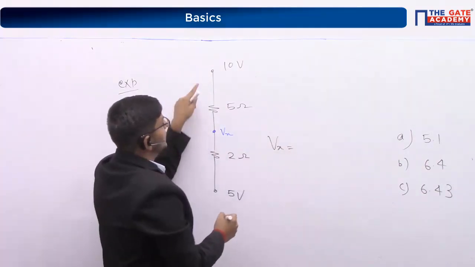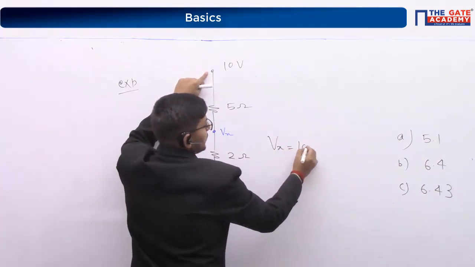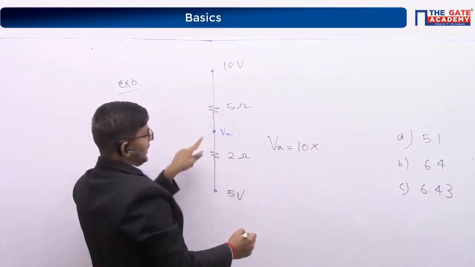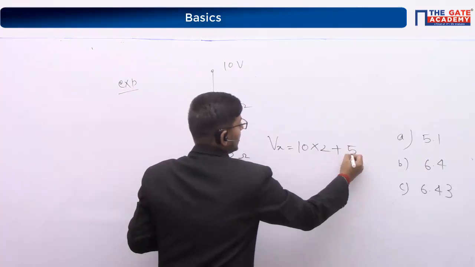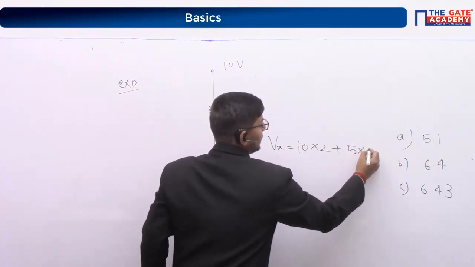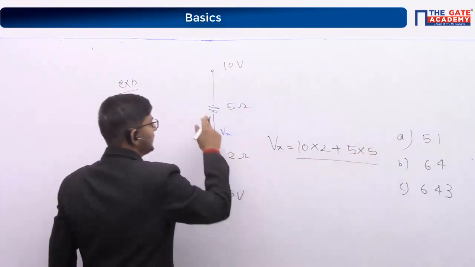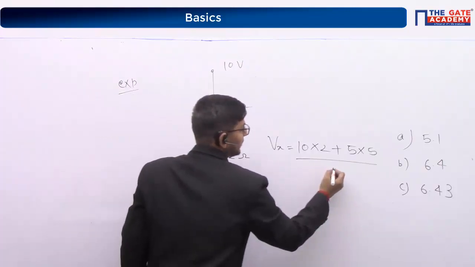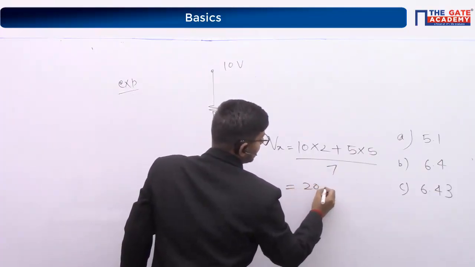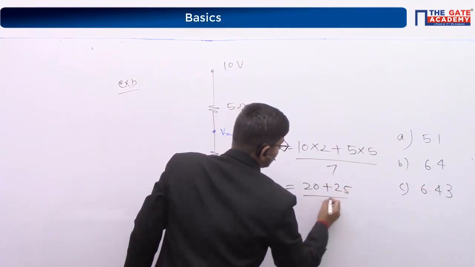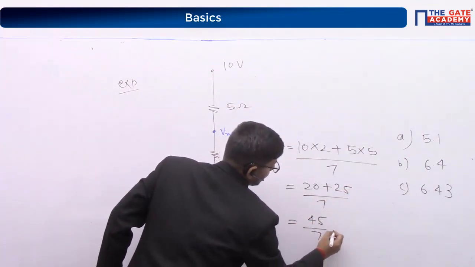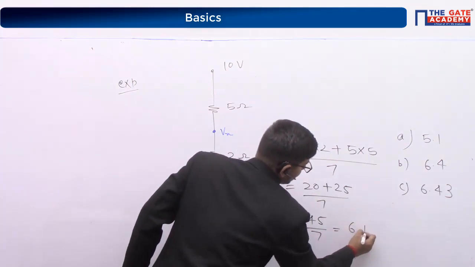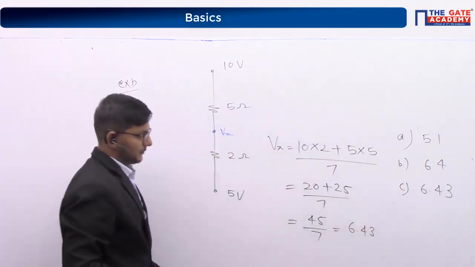Vx equals this point voltage 10 into this resistance 2, plus this point voltage 5 into this resistance 5, divided by total resistance. What is the total resistance? 5 plus 2, 7. It will be 20 plus 25 divided by 7. It will be approximately 45 divided by 7. It will be 6.43 approximately.